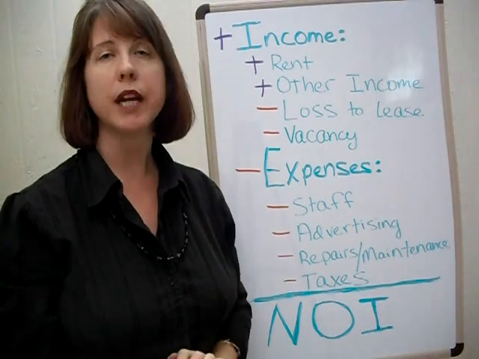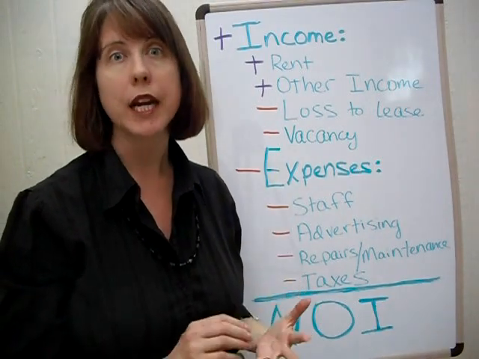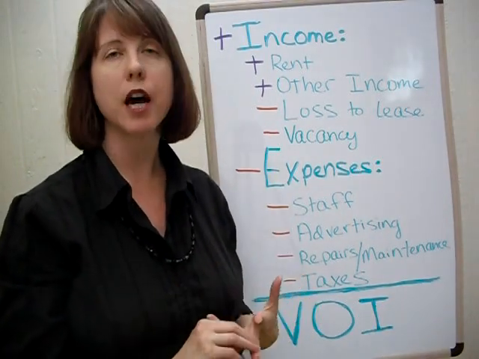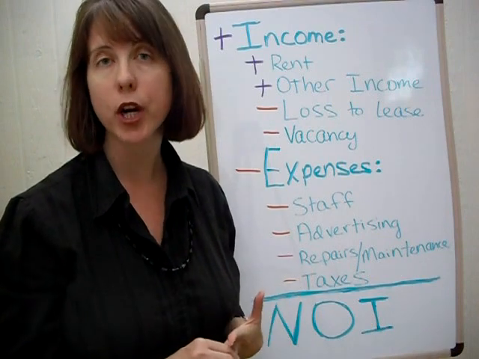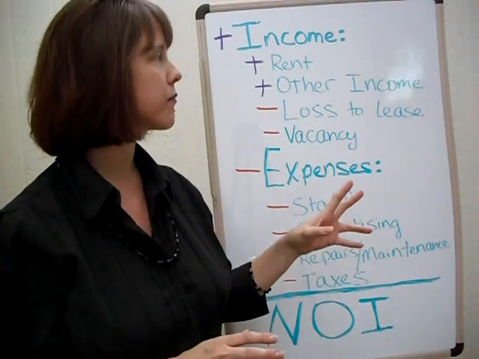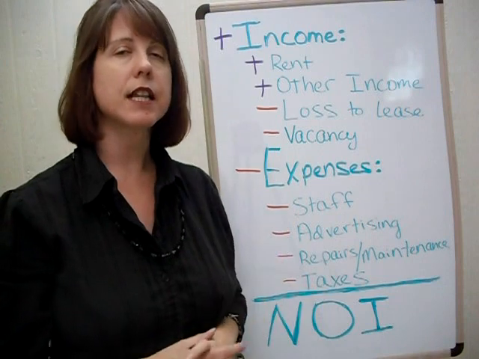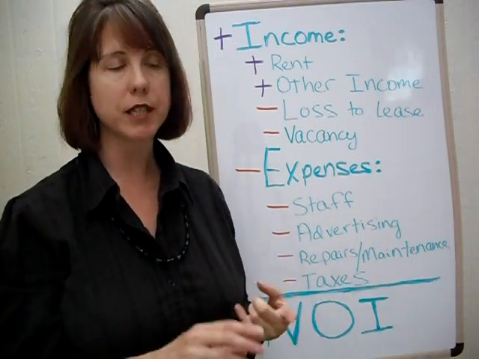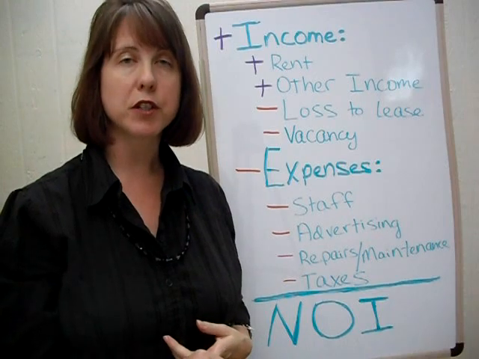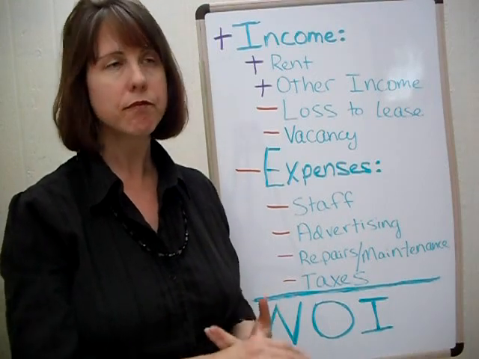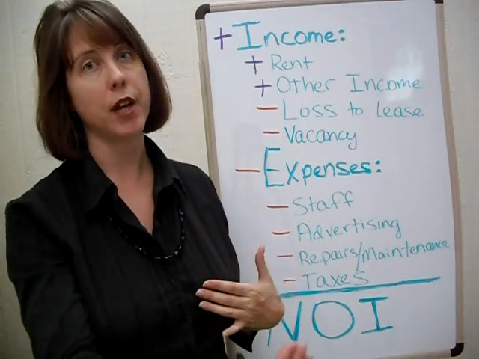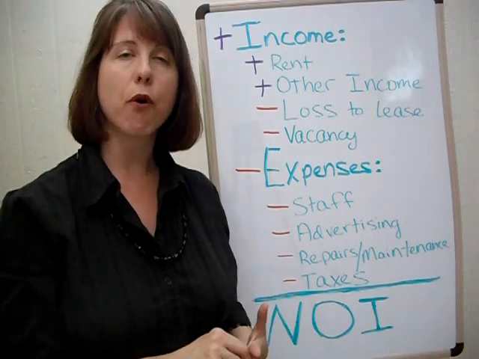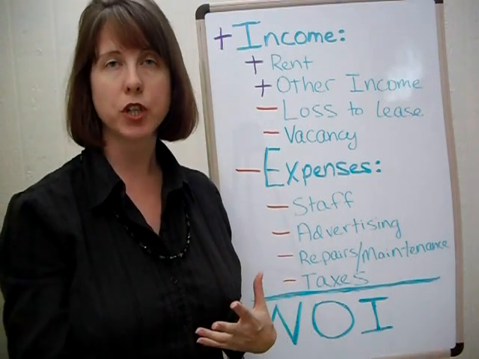Other income could be anything from laundry or a soda machine or charging for covered parking or anything along that line. Loss to lease, let's say for example you've got Fred who moves into a studio apartment and he's paying $400 a month and he moves in January. The same unit, only next door, is going to go for $425 in June.